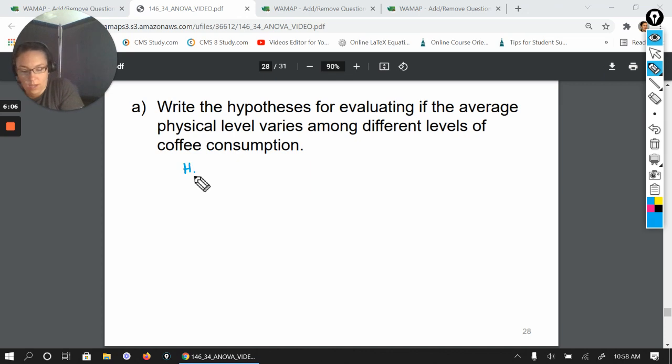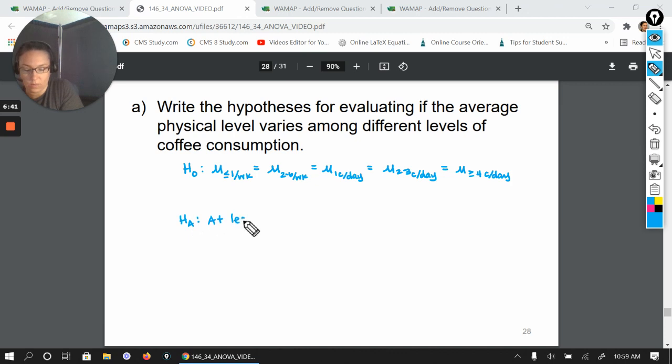So the null hypothesis would say that the mean of less than or equal to 1 cup per week is equal to the mean of 2 to 6 cups per week, is equal to the mean of 1 cup per day, is equal to the mean of 2 to 3 cups per day, is equal to the mean of greater than or equal to 4 cups per day. And then the alternative hypothesis is that at least one mean is different from the rest.